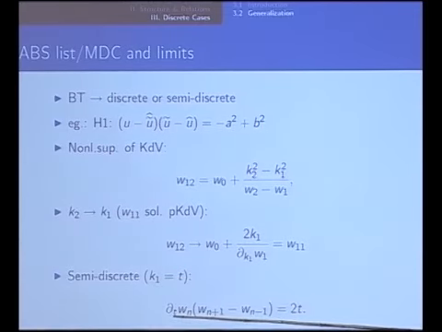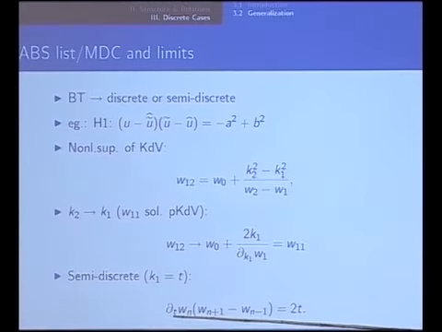We can do this further, and this is 3 solitons derived from the superposition formula. We just use the superposition formula twice, and then we can get 3 solitons.